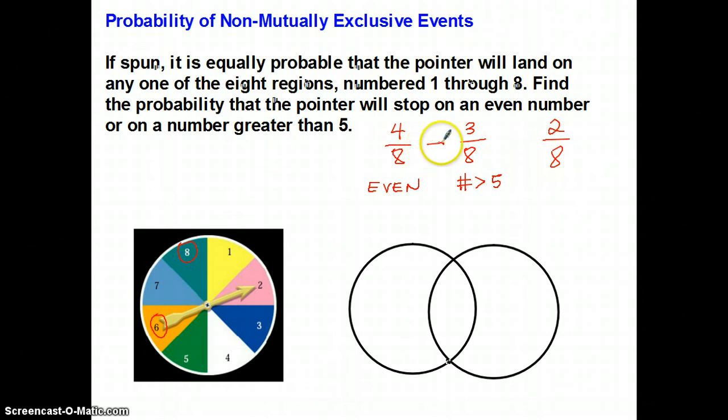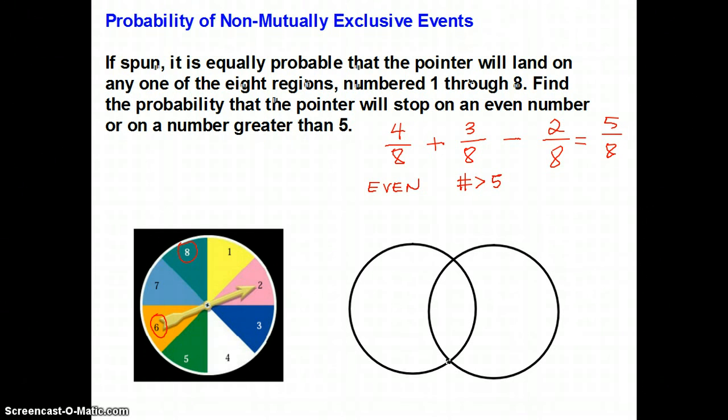So we have to add the probability of selecting an even number to the probability of selecting a number greater than 5, and then subtract the even numbers greater than 5. And this means that we have the probability of 5 out of 8 of getting an even number or a number greater than 5.